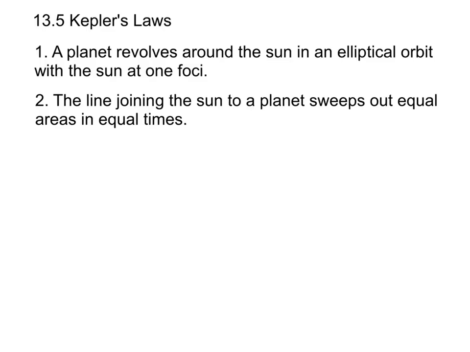So let's quickly see a picture of what this is saying because it's a little bit complicated. So let's start with our ellipse. This is the path that the planet would be traveling on. We'll put our sun at one focus, like this. And then suppose we have our planet that's traveling along the orbit here.